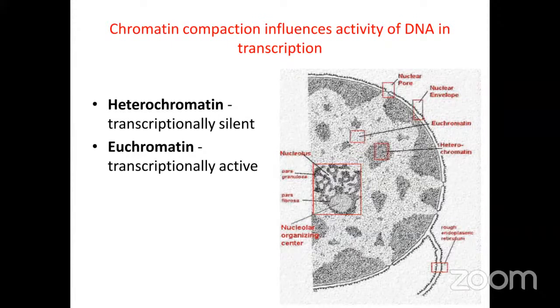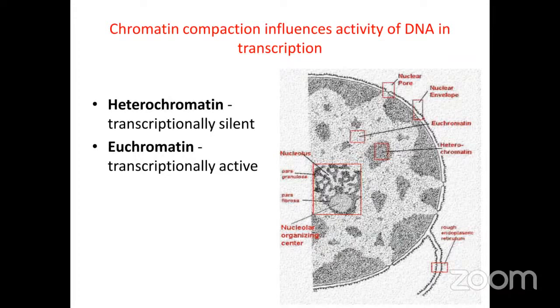But there was again one interesting thing observed, that 97% of the human genome is non-coding. Non-coding means it is transcriptionally silent. It is heterochromatin. It does not code for any type of protein.